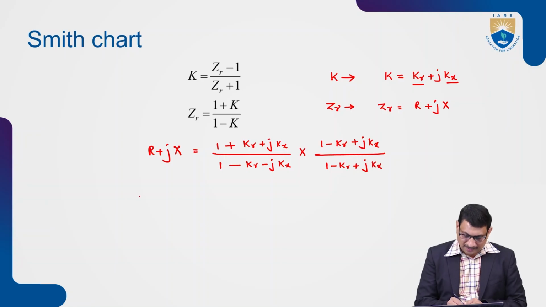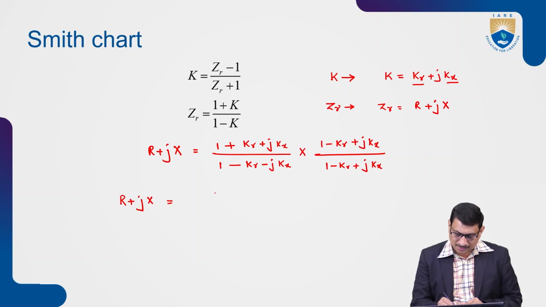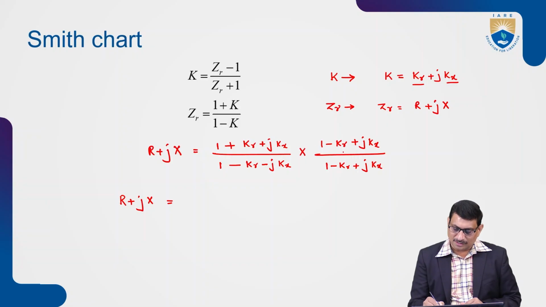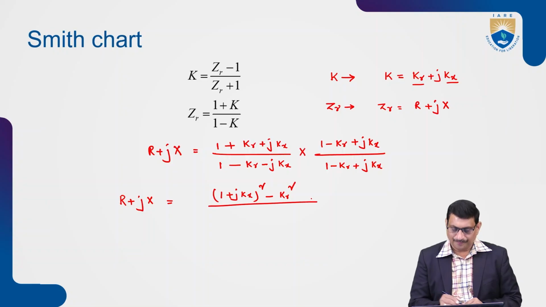Then I simplify this expression, where it becomes R plus jX is equal to, in the numerator, 1 plus jKx as one term, and plus Kr, that is (1 plus jKx) minus Kr times (1 plus jKx) plus Kr. It looks like a plus b and a minus b, which gives a square minus b square, and I can write the numerator.